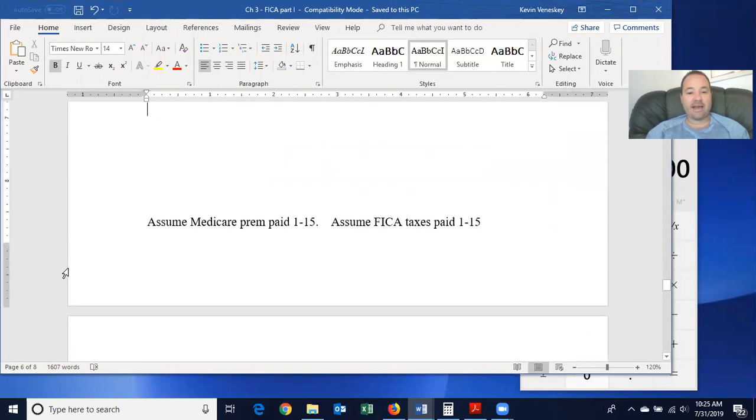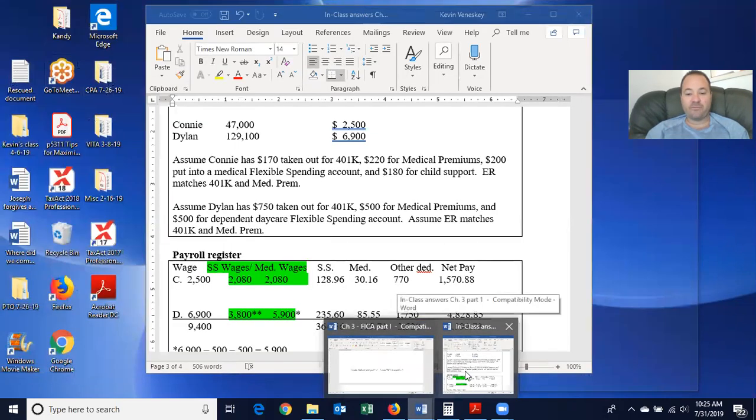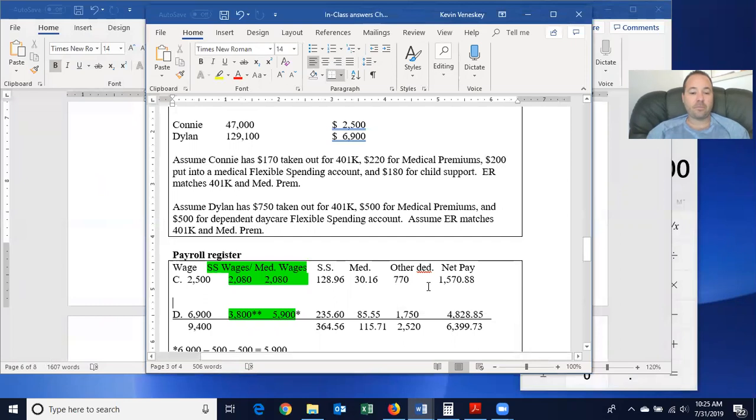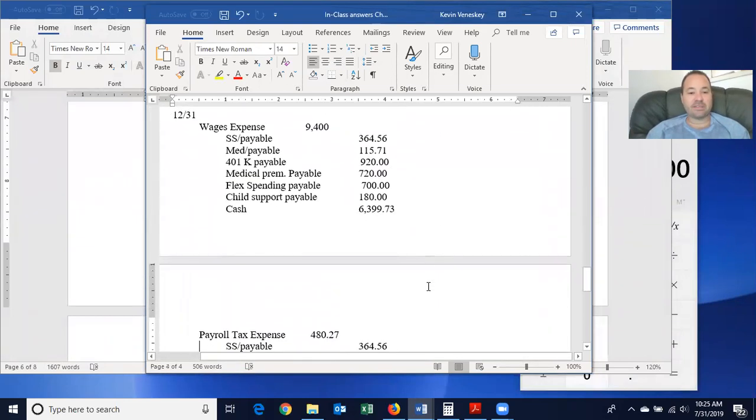Now the last thing that I have here on this problem is, it says assume the Medicare premiums are paid and the FICA taxes are paid on 115. So in this case, we want to go back and maybe make some brief T accounts. But let's go ahead and do the medical premiums first, since that came up first.